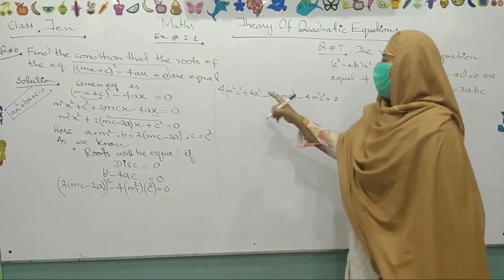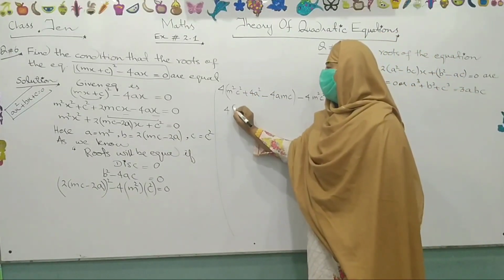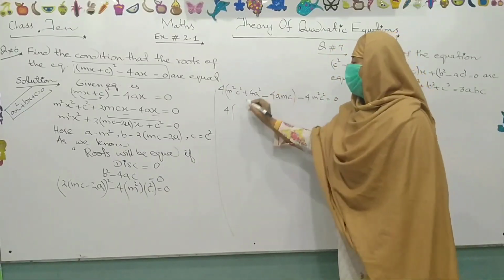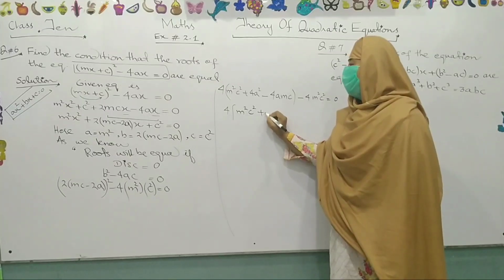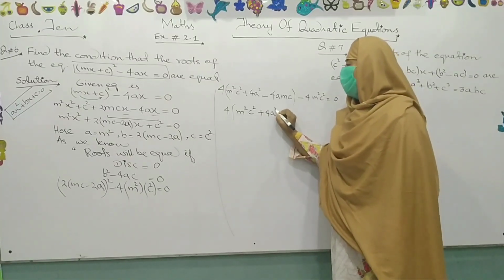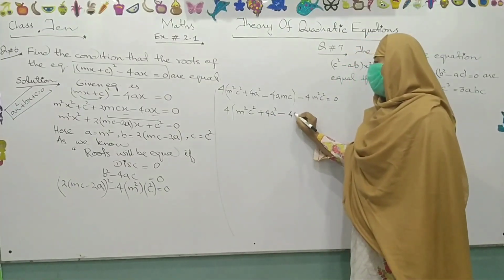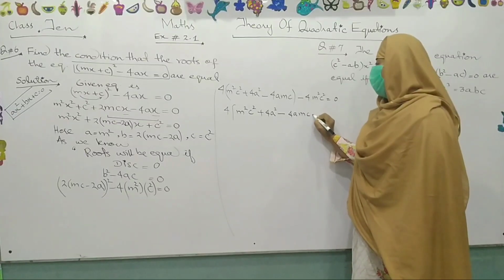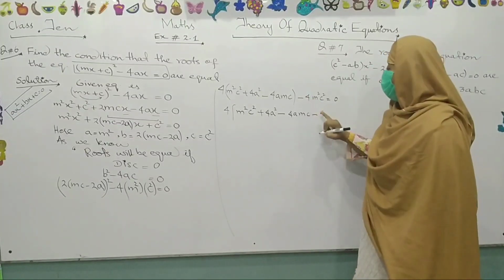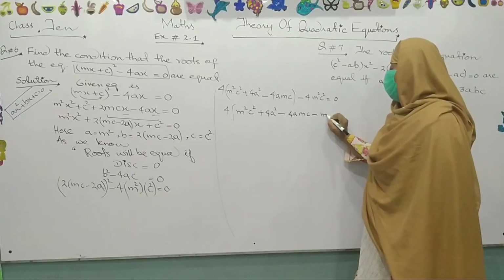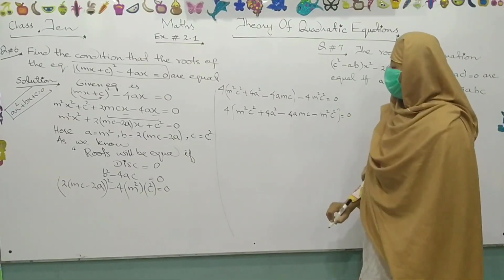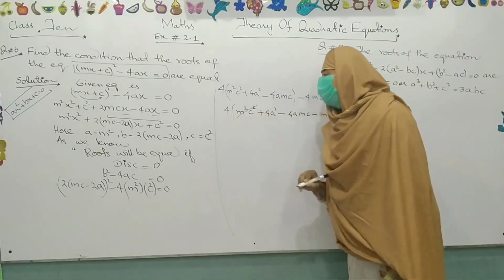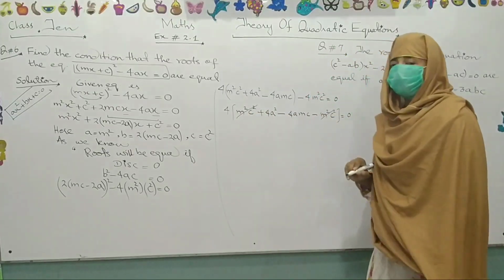Now students, can I take common 4? Yes. I take common 4. What will be inside? m square c square plus a square minus amc minus m square c square is equal to 0. Now see, this m square c square is cancelled by this one.